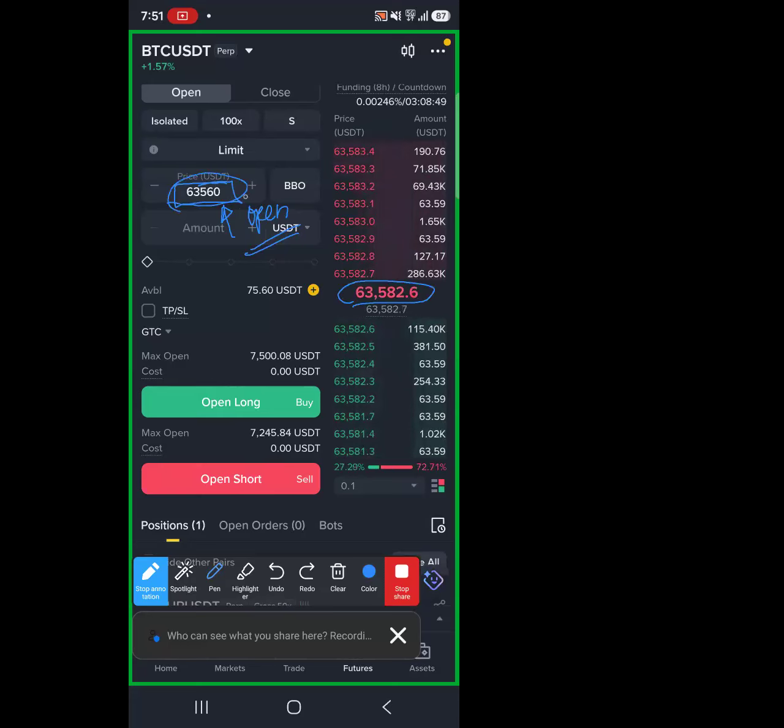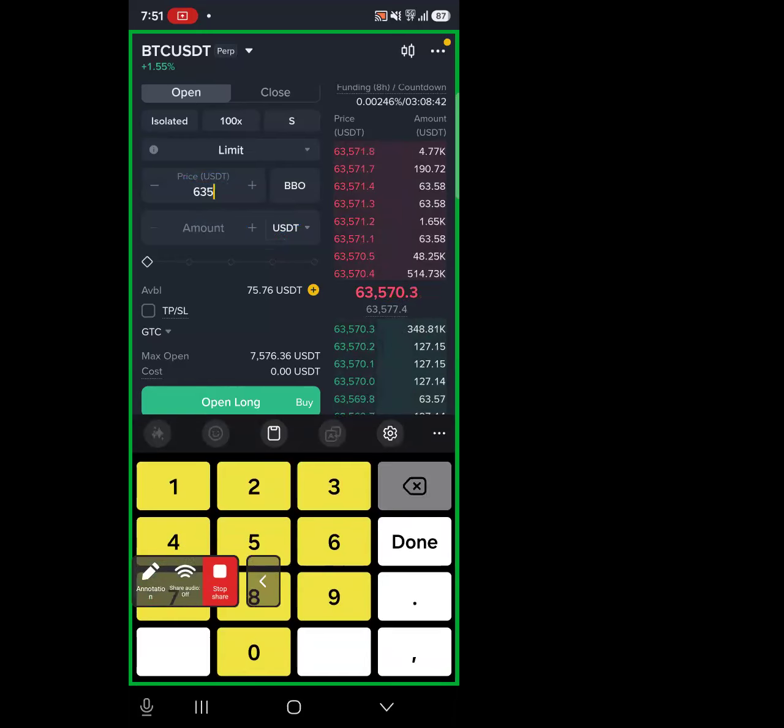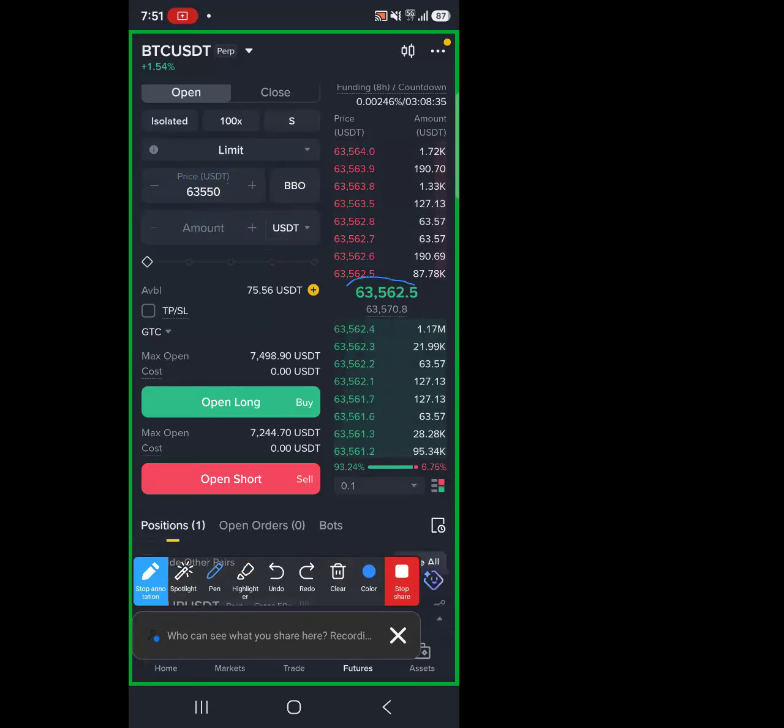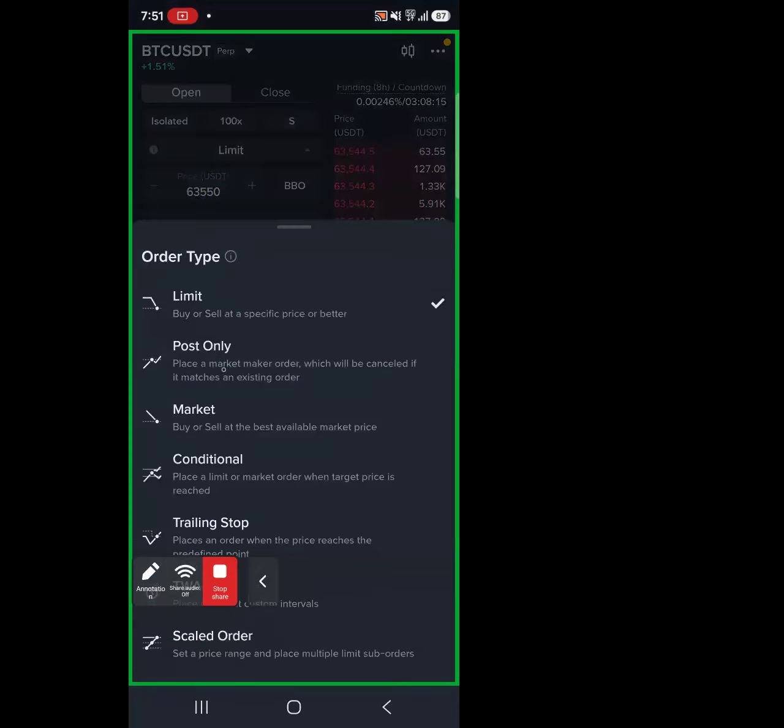But if you want the system to start your trade at a lower price, you can say, okay, let me adjust this 60, let it come to 50. You see? So that means your trade will only start when the price drops from 63562 to 63550, which is a lower price. When the price drops there, there would be an execution and the trade will open. But if it is in market price, it just starts immediately. So let's take it back to market price.